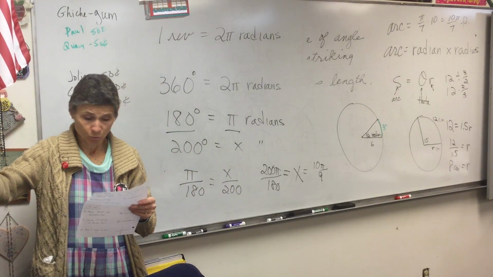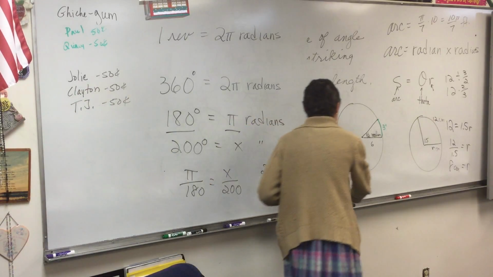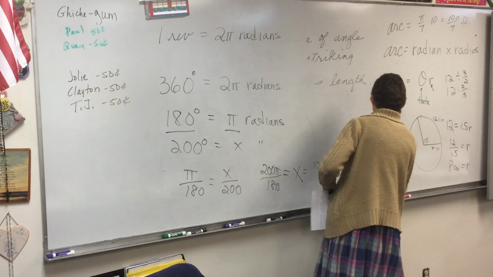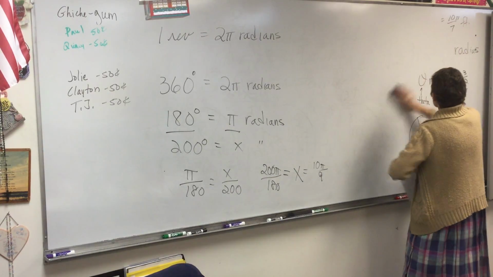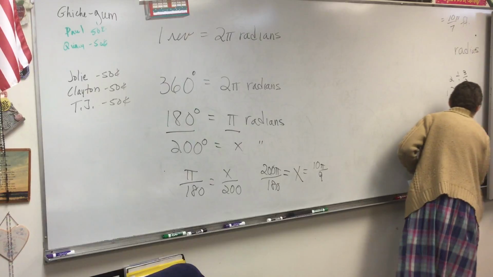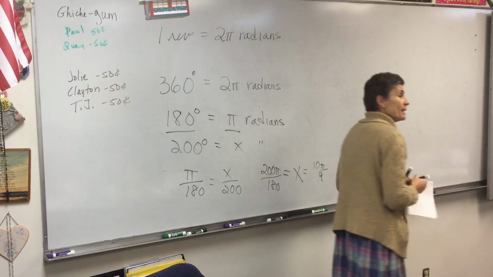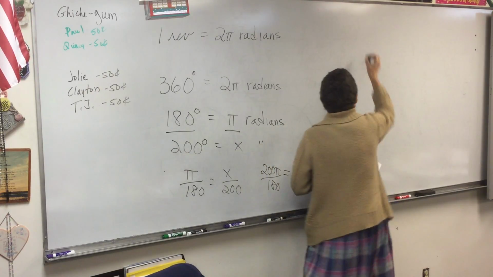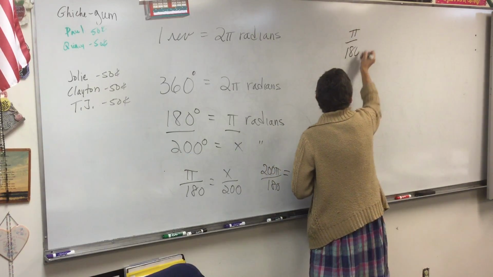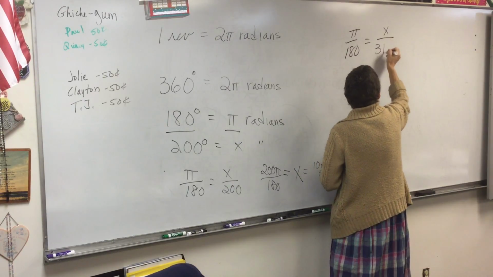Let's jump down and do the one at the bottom. That would be number 1 on the bottom quiz. Can you change 310 degrees into radians for me? You can set up your proportion any way you like, as long as it's legit. I'm going to say pi is to 180 as x is to 310.